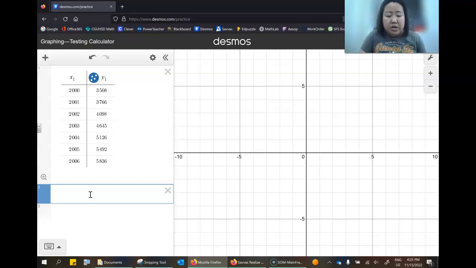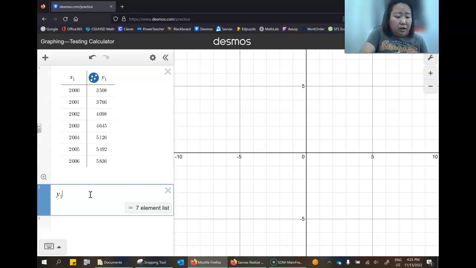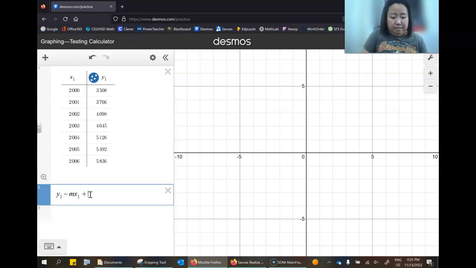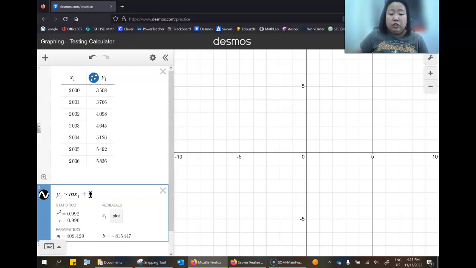So on your Desmos, you have to do y sub 1. Just click on 1, it automatically becomes a subscript. Then you click on that curly sign, and then you have mx1 plus b. So this is y = mx + b.